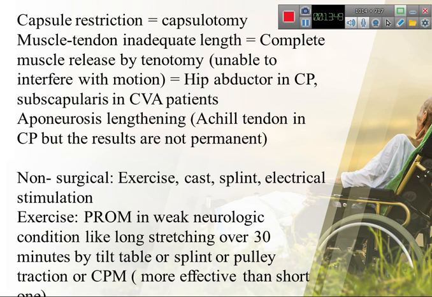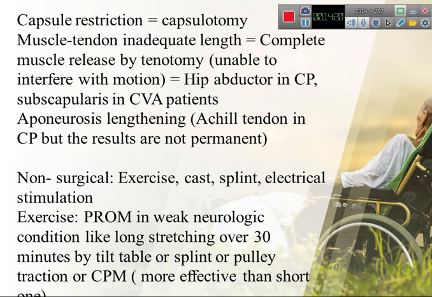For example, the hip abductor muscle in CP and the subscapularis muscle in CVA patients are treated by tenotomy. Another surgical method is aponeurosis lengthening. For example, the Achilles tendon in CP, but studies showed that it is not permanent if you lengthen the Achilles tendon.